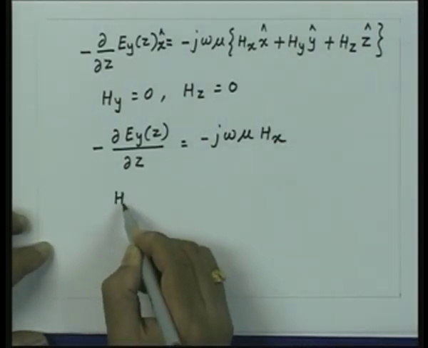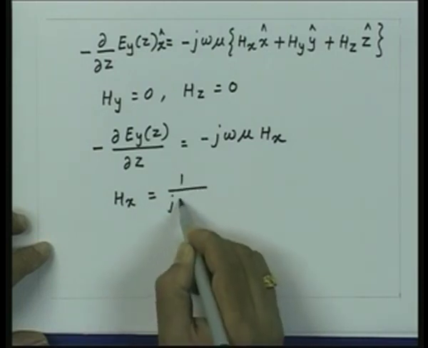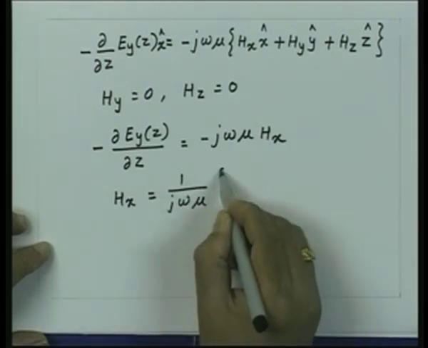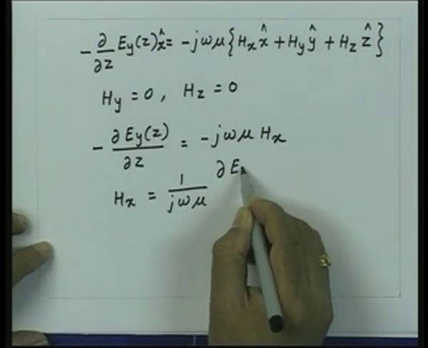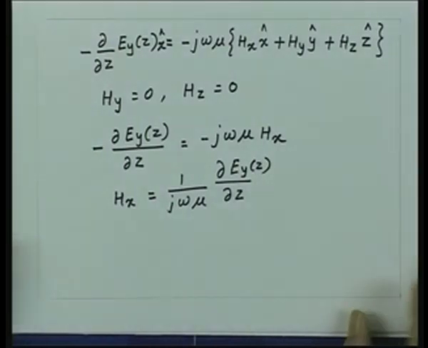So, essentially hx is equal to 1 upon j omega mu dEy by dz as a function of z.